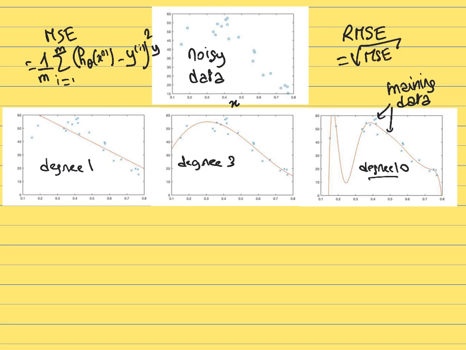To calculate it, all you have to do is take the square root of everything here. The main advantage of the RMSE with respect to the MSE is that the RMSE has the same unit as the observation that you are trying to fit.